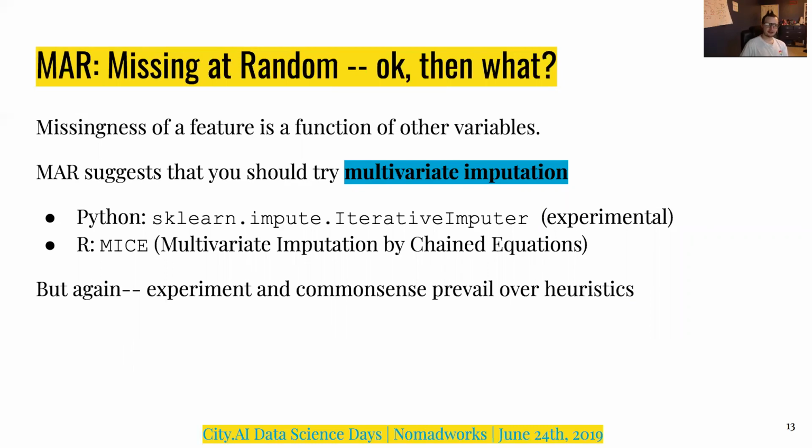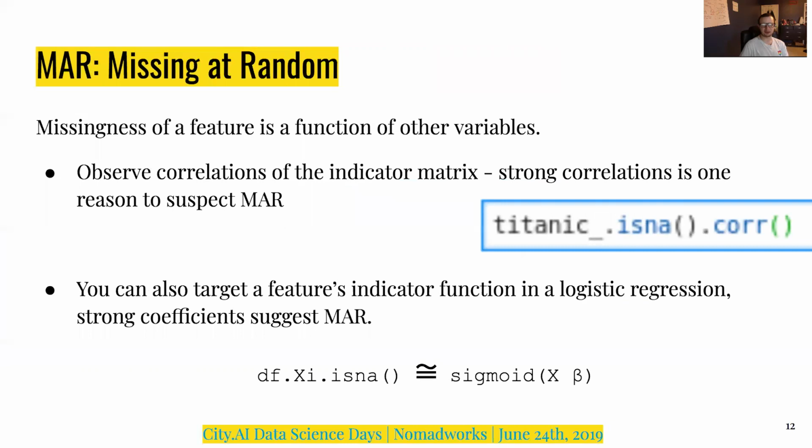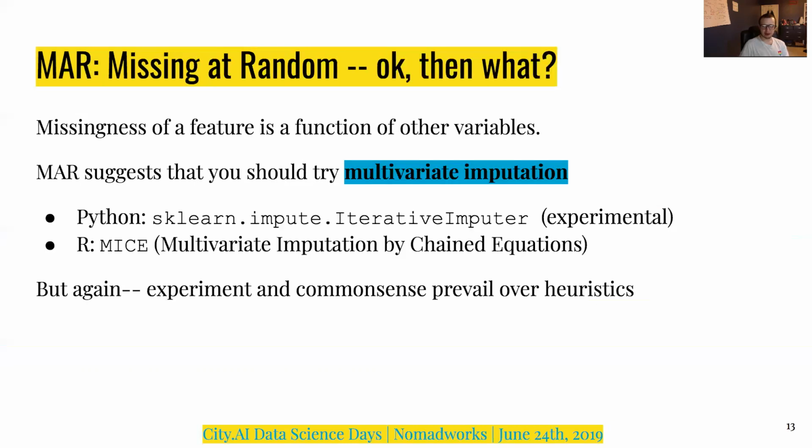So yeah, you shouldn't be too surprised if you suspect missing at random based on one of these tools, and you try iterative imputer and it doesn't outperform some other strategy, because sometimes it won't. But if it does perform strongest, you definitely shouldn't be surprised.